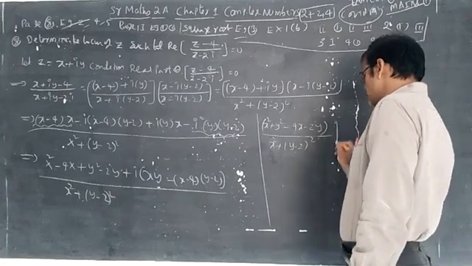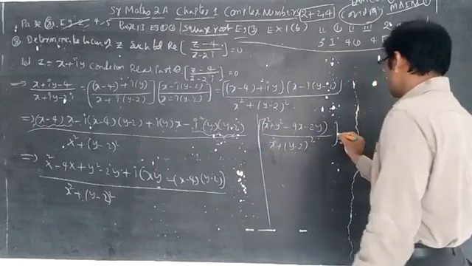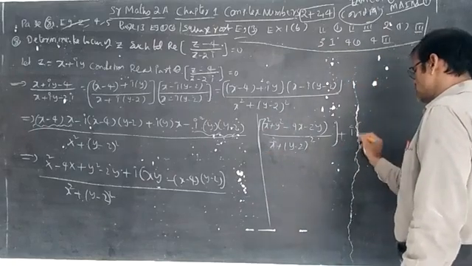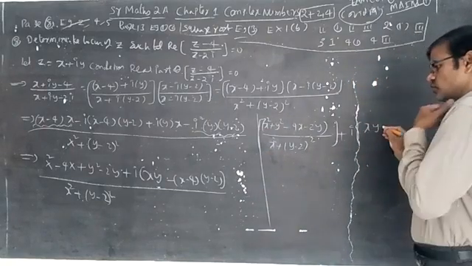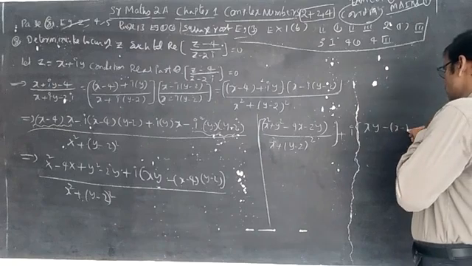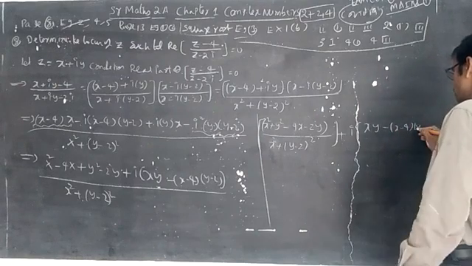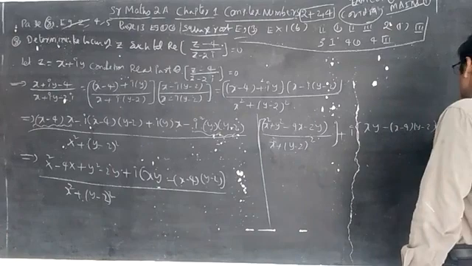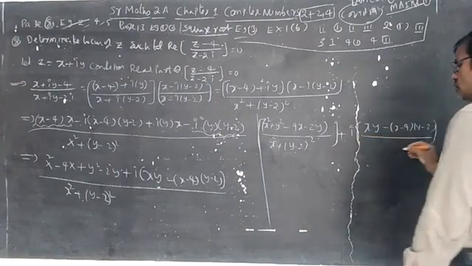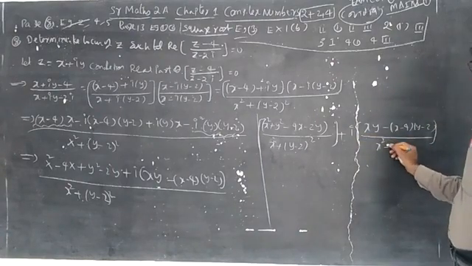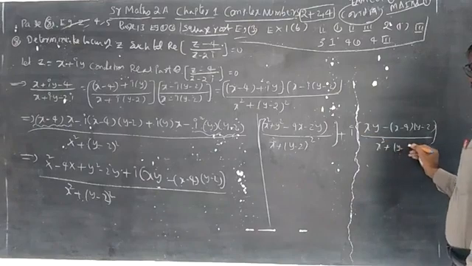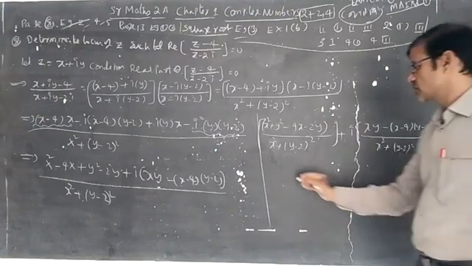I am distributing into real part and imaginary part concept. Plus I into xy minus of x minus 4 into y minus 2 whole by x square plus of y minus 2 whole square.